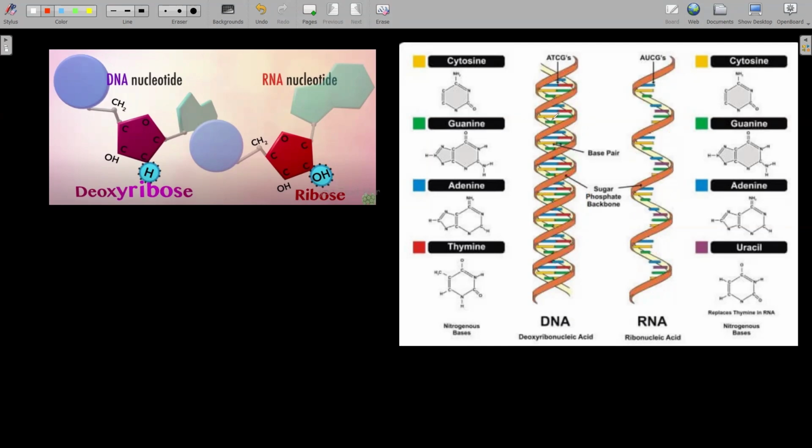DNA is found in the nucleus only, but RNA is found in the nucleus and also in the cytoplasm. DNA has nitrogenous bases cytosine, guanine, adenine, and thymine. The nitrogenous bases of RNA are cytosine, guanine, adenine, and uracil. So there is no thymine in RNA. These are the basic differences between RNA and DNA.